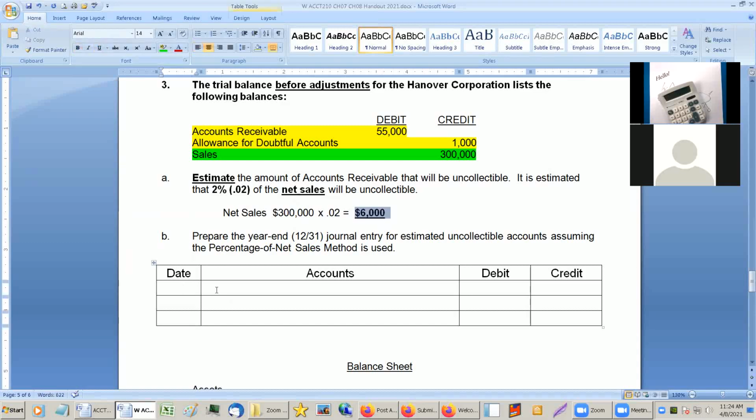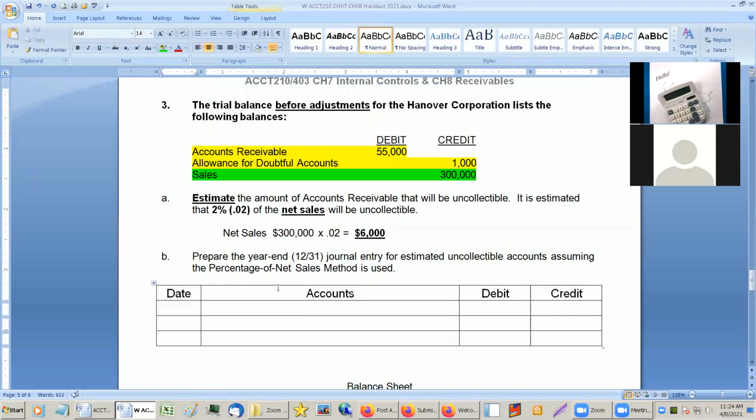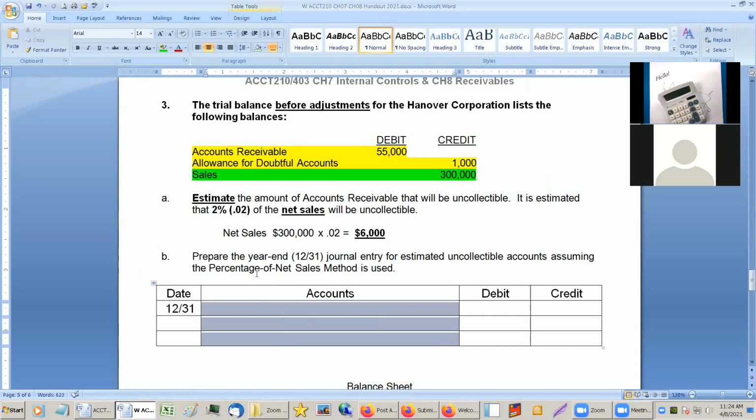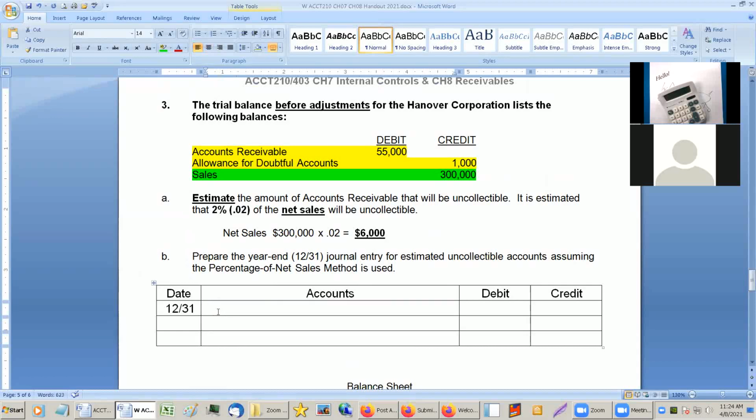So our journal entries look like this. On 12/31, we know that some of these accounts receivable will not be collected. Oh, man, I forgot I did this. It's supposed to be uncollectible account expense. If you guys put uncollectible expense, that's fine.